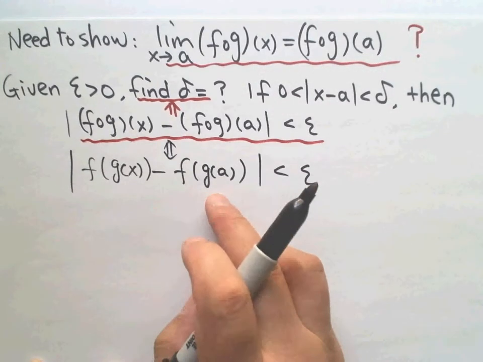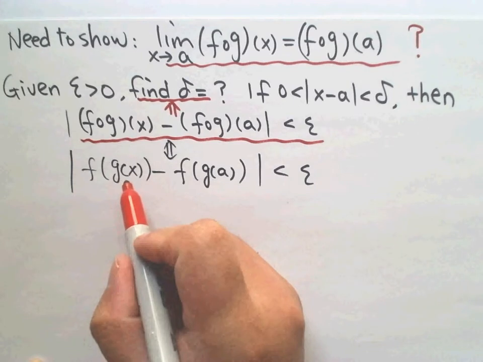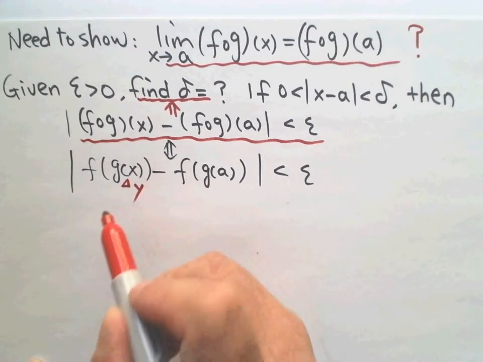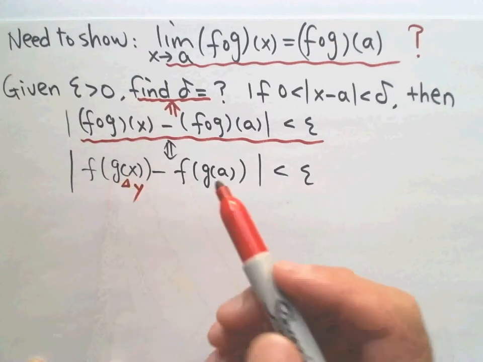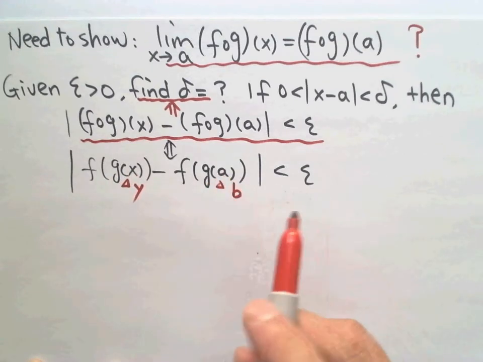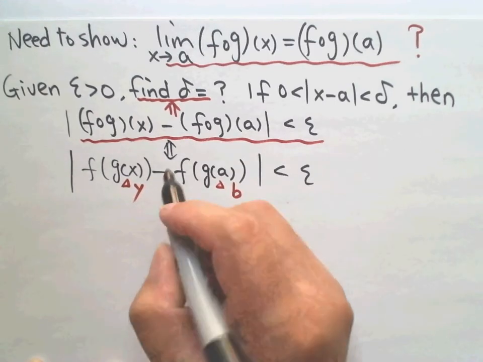Remember the definition, right? And then from here, because it's complicated and we don't like this, we simplify. If we set g(x) to be y, and we set g(a) to be a number b, then we can simplify this to another format.